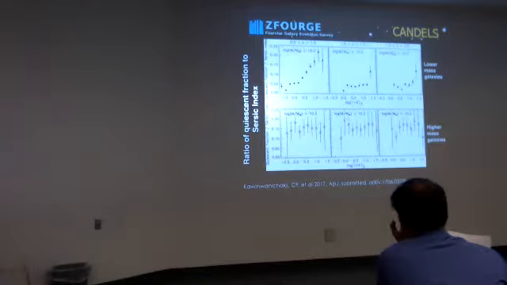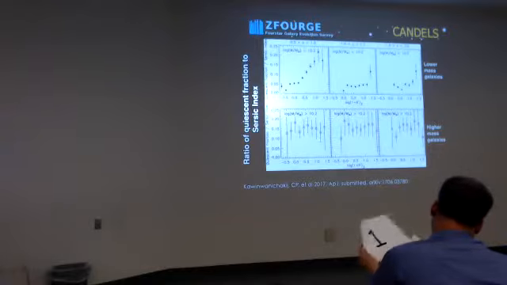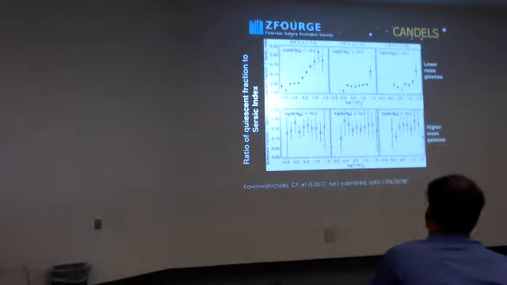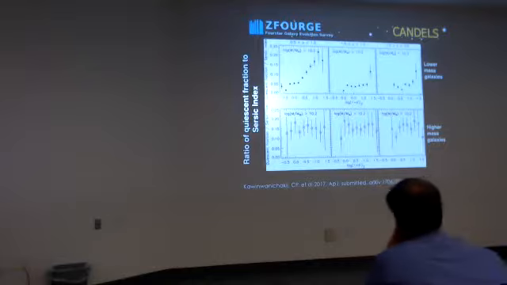So here we have the quiescent fraction divided by the Sersic index in different bins of mass. These are for high mass galaxies along the bottom row and for low mass galaxies along the top row as a function of the overdensity. Looking at the high mass galaxies first, don't worry about the numbers, but this ratio is very constant as a function of overdensity. So as high mass galaxies change their quenched fraction, they change their Sersic index in lockstep as a function of overdensity.